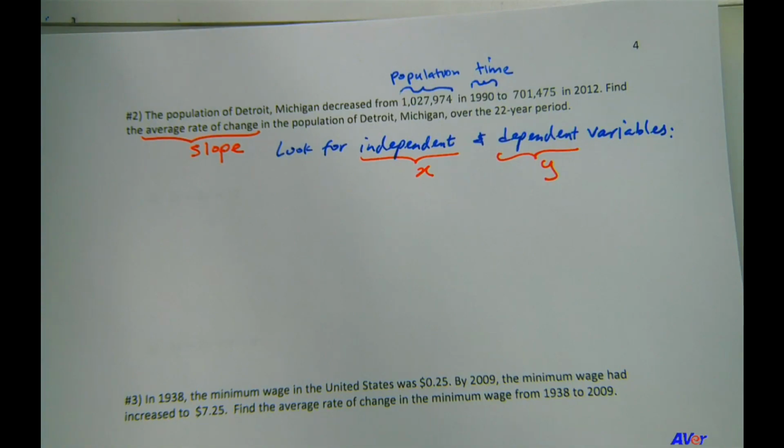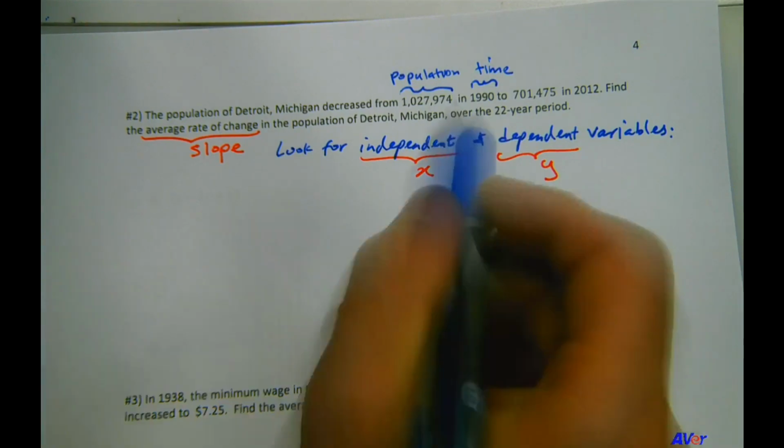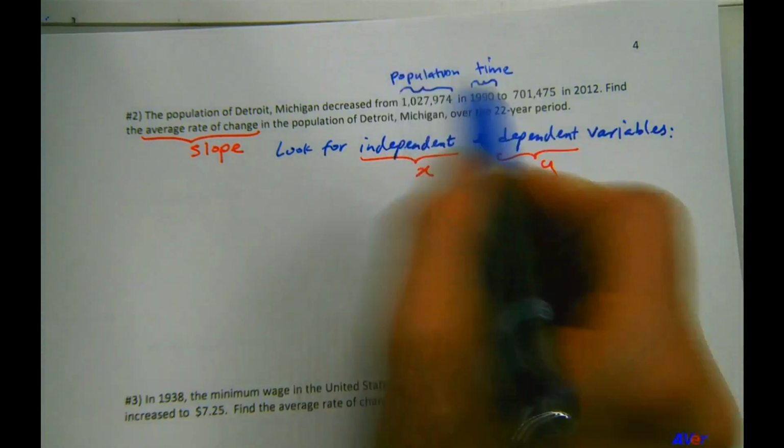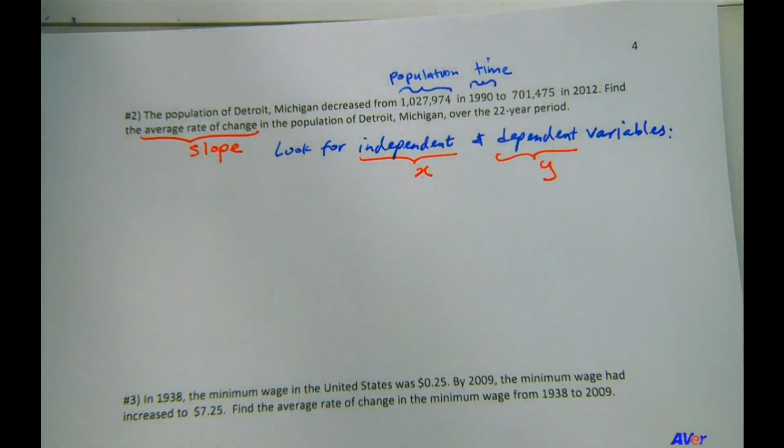Okay? The independent one, I'm assuming you've done that. You paused the video, you made your decision, now you're back. So, the time is independent, right? Time is running independently of anything else that is happening in the society or nature. It's just happening. Time is the independent one.